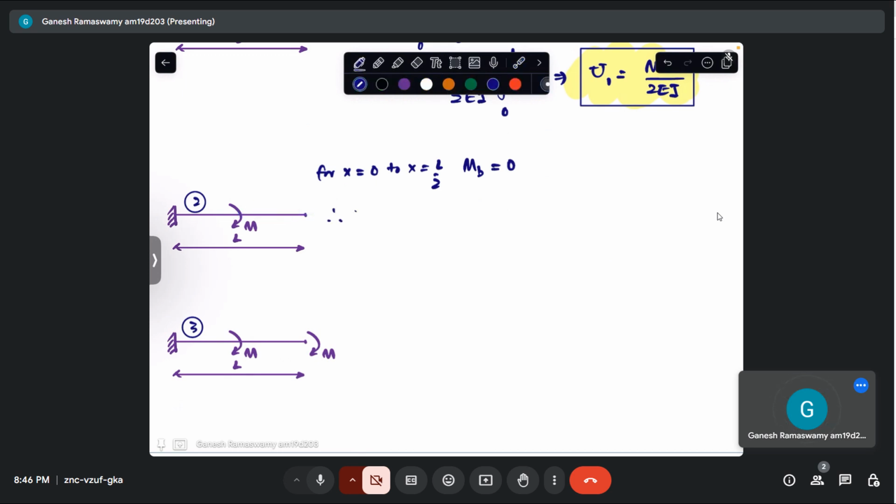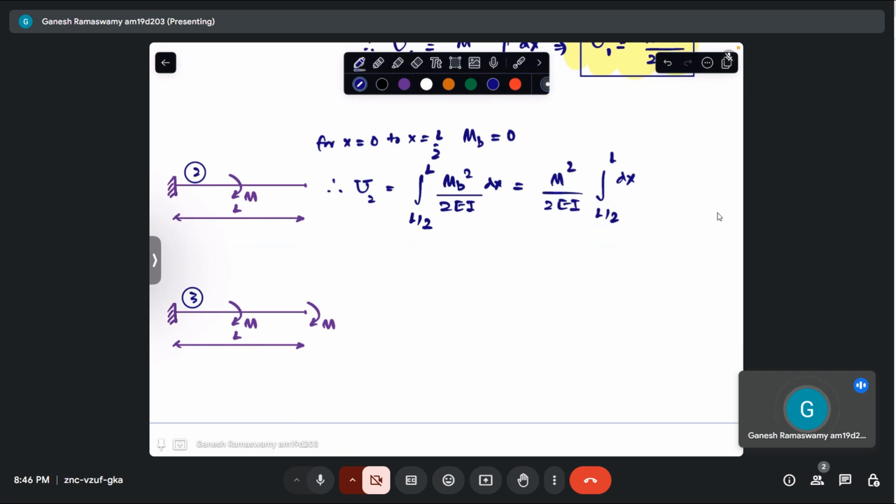So therefore, U2 is basically from L by 2 to L, M_B squared by 2EI dx. For this portion the bending moment is again M, same as the previous one. So M squared by 2EI, integration of L by 2 to L dx, basically this will be a square.